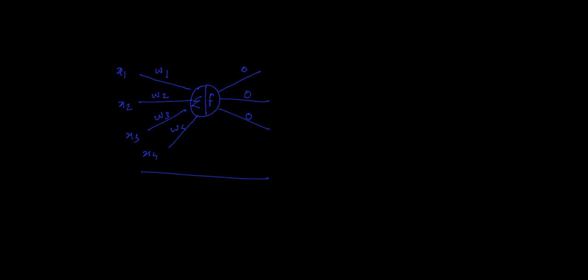Now let us represent the artificial neuron. The artificial neuron looks exactly similar to this. We have the cell body of the artificial neuron, and then there are the inputs coming here: x1, x2, x3, x4. These are w1, w2, w3, w4, the weights.